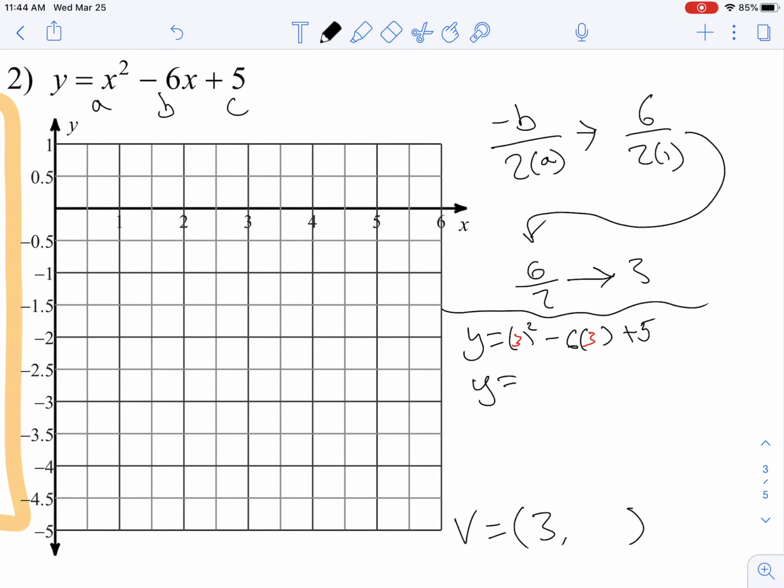Y equals 3 times 3, which is 9, and then a -6 times 3, which is a -18, plus 5. And as we evaluate this, 9 minus 18 is -9 plus 5, and -9 plus 5 is a -4. So when we plugged in a 3, we got out a -4.